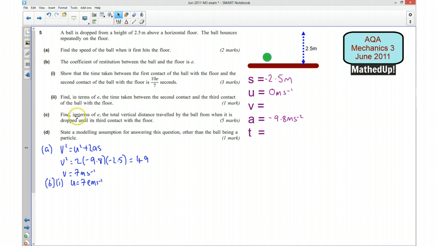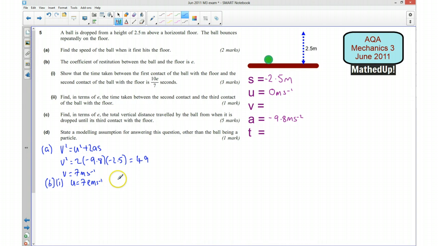Also, because we are looking for the time taken between the first contact of the ball and the second contact, so now and now, its displacement at that point is going to be 0 meters, because it won't have displaced at all; it will be back where it started.